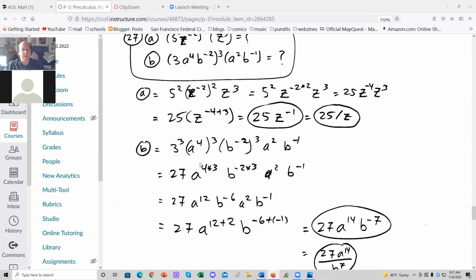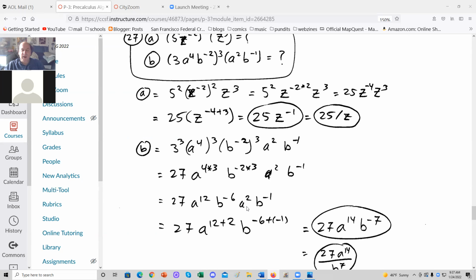Okay, in this step, 3 cubed is 27. a to the 4 cubed is a to the 4 times 3 is a to the 12th. b to the negative 2 cubed is b to the negative 2 times 3 is b to the negative 6th. a squared, b to the negative 1. So 27, a to the 12th, b to the negative 6, a to the 2nd, b to the negative 1.